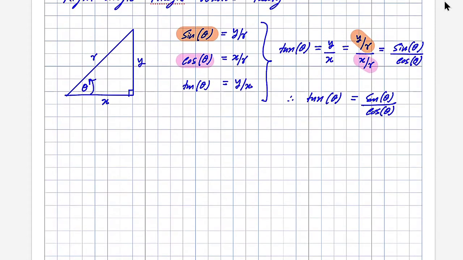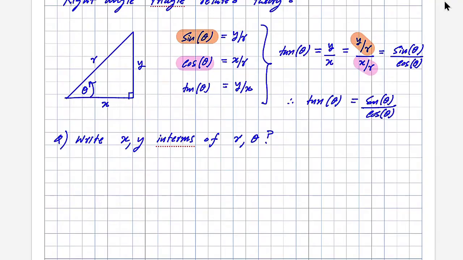Okay. Now the next one is, I will give you this as a question. Write x comma y in terms of r comma theta. Now look at the first relation.